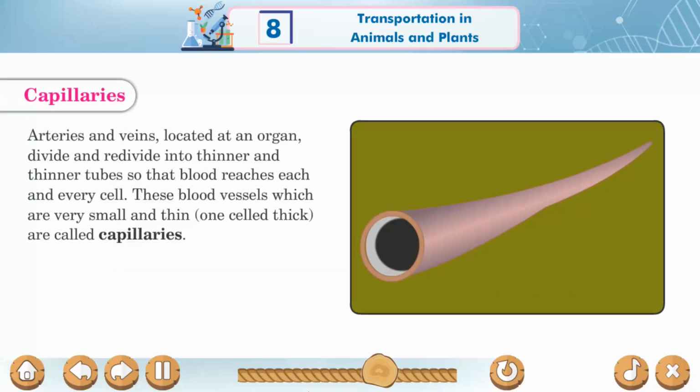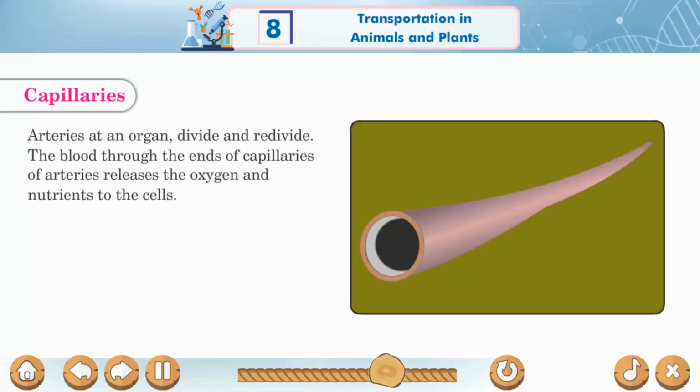Capillaries. Arteries and veins located at an organ divide and redivide into thinner and thinner tubes so that blood reaches each and every cell. These blood vessels, which are very small and thin, one-celled thick, are called capillaries. Arteries at an organ divide and redivide.